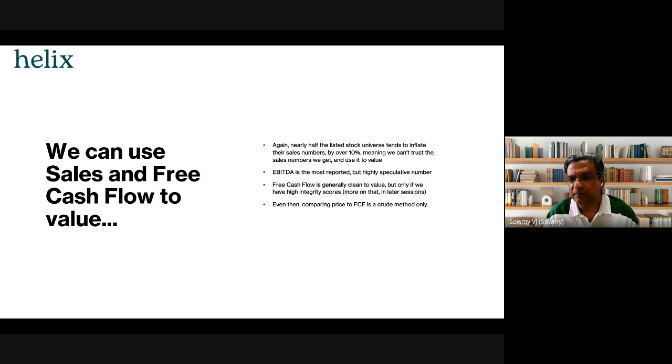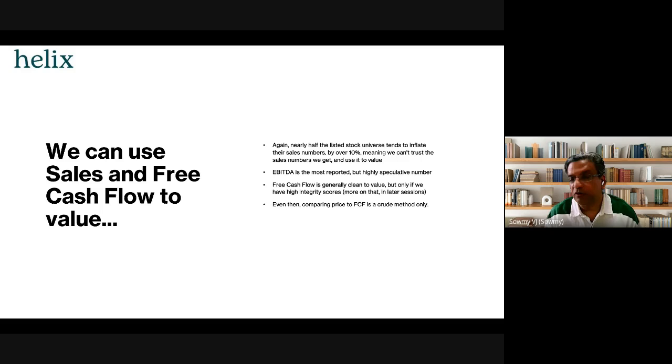We also find that you can manipulate one financial statement, but it's very difficult to manipulate all three. A company has three financial statements: the balance sheet, the profit and loss statement, and the cash flow statement. It is very difficult to manipulate all three of them at the same time, and to do it quarter on quarter consistently.